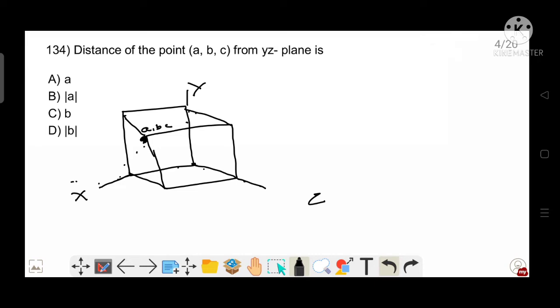This point distance should be this. Distance should be always positive distance. So you may easily say that this point from the yz plane is the y point, isn't it?